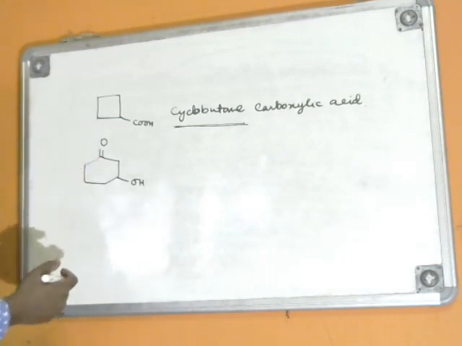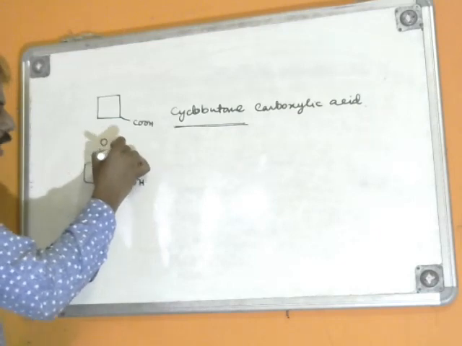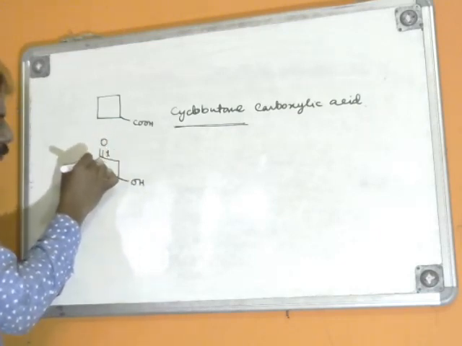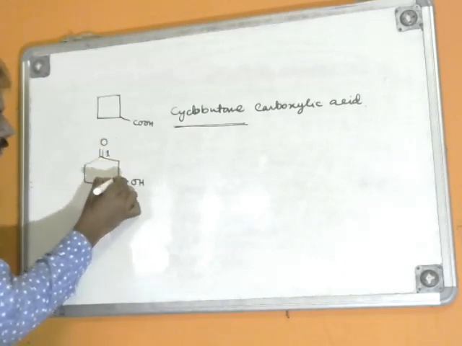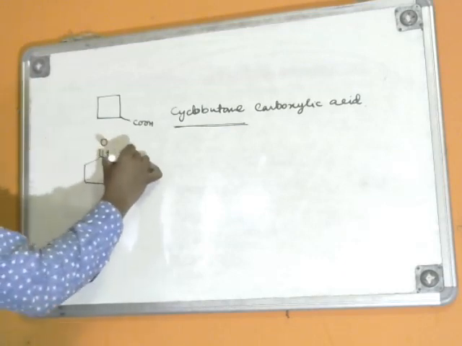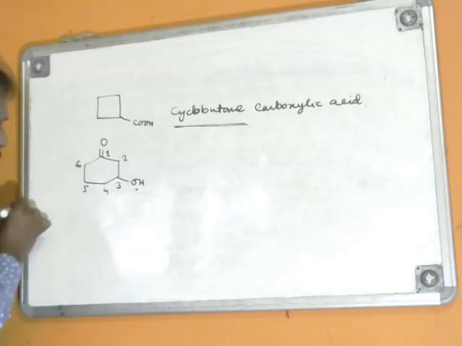Already we have learned this. So numbering will be done from this 1. After this, it may be 2 or it may be 2. But if we take this as 2, then in the 3 position, which group may reside? So this is 2, this is 3, 4, 5, 6.